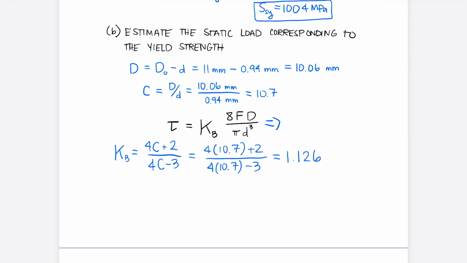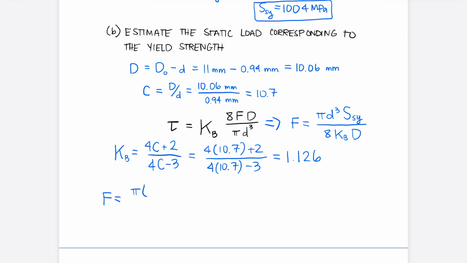So I'm going to wind up with F equals pi d cubed times my torsional yield stress divided by 8 times the Bergstrasser factor times the mean coil diameter. This is just rearranging the original equation. And now let's plug in what we've got.